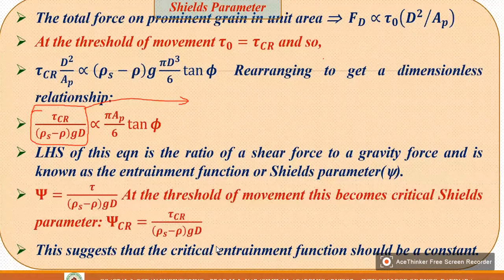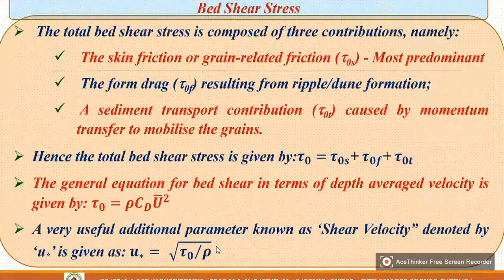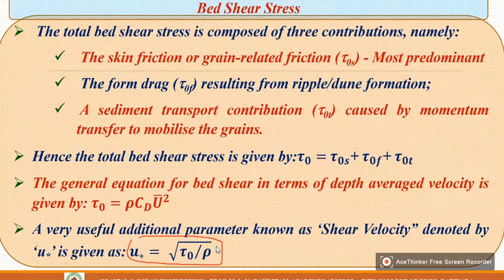Just now we have seen that u star is a velocity, the shear velocity. It is the square root of tau naught by rho. So square root of tau naught by rho will have the dimensions of velocity. Have you followed this point?